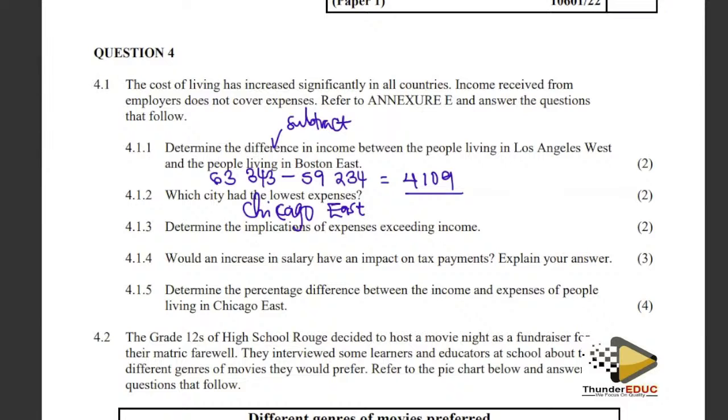Higher increase in the credits, less buying power. People need to cut down on certain items. This is just determine the implications of expenses exceeding income. People might also make losses.